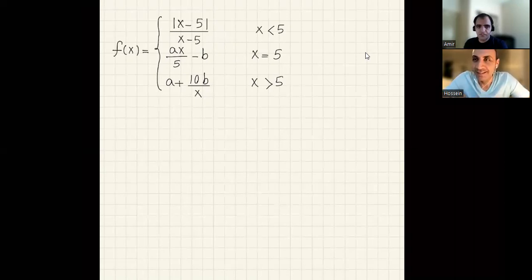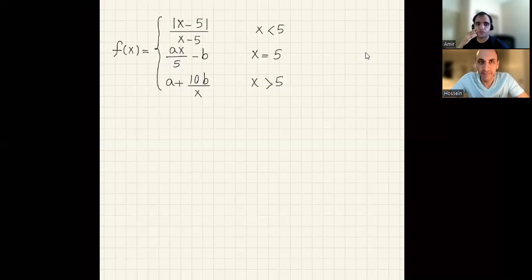Yeah, that's an interesting problem. We have to find a and b such that the function is continuous at 5. To have a continuous function at a point, which is 5 here, we need the limit of that function at that point, the left and right, to be equal.